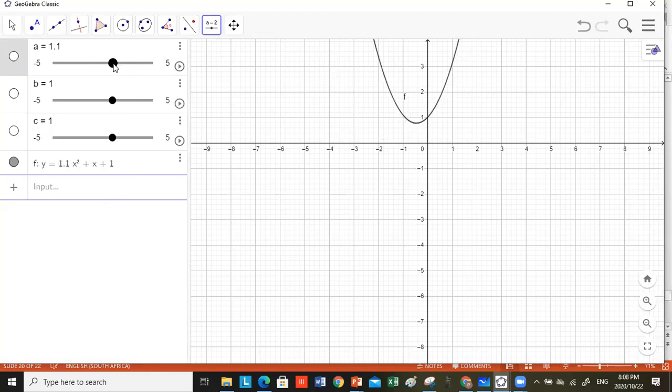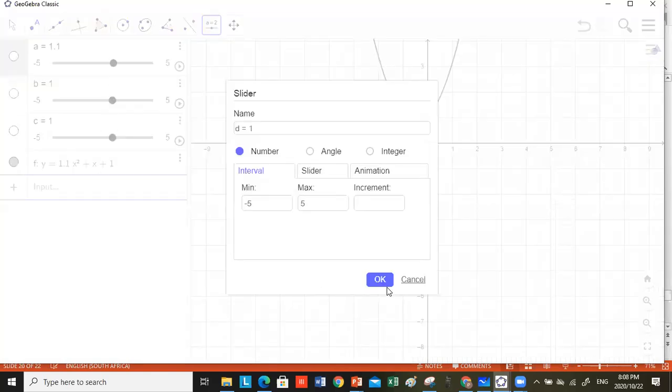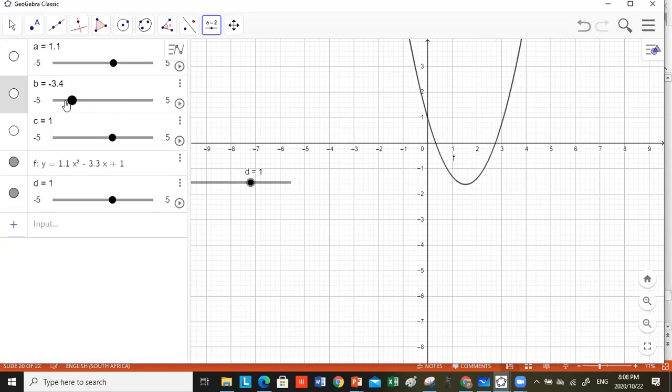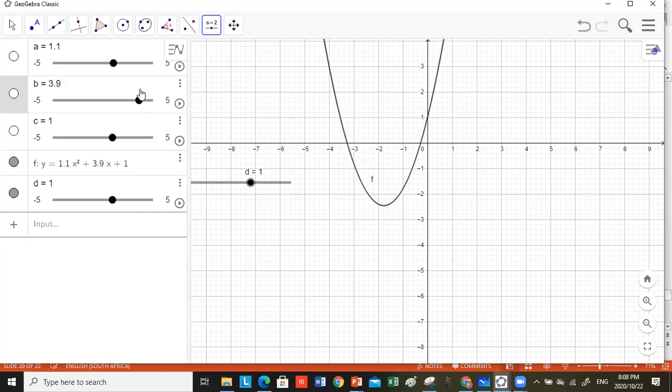We've already done this one, but let us check if now we're moving a B. You see B is making another parabola and making a change, but the graph is not going to change at +1, because our y-intercept is +1.